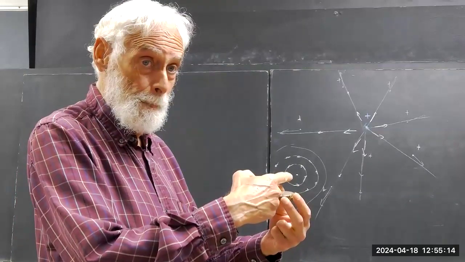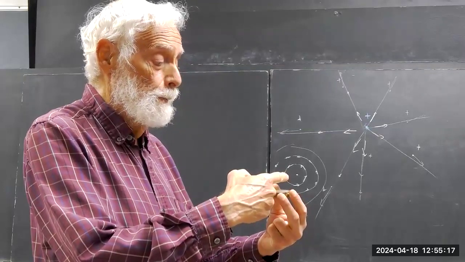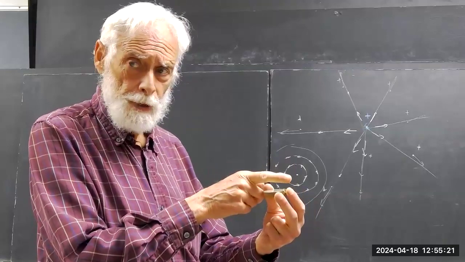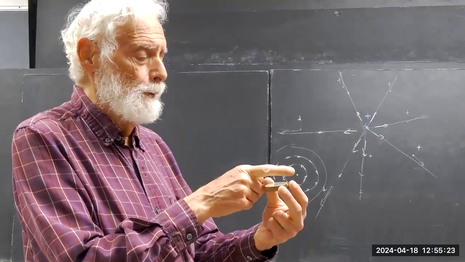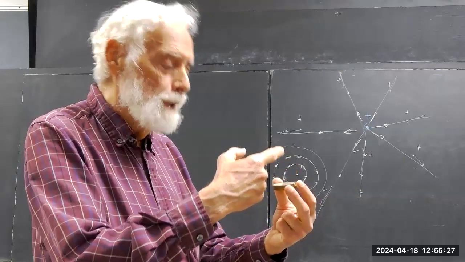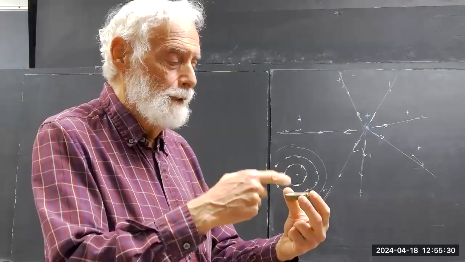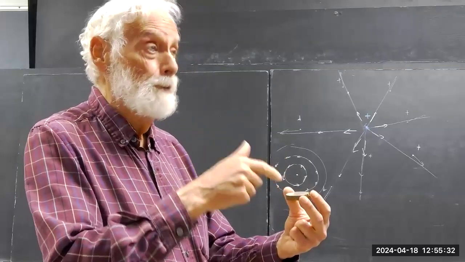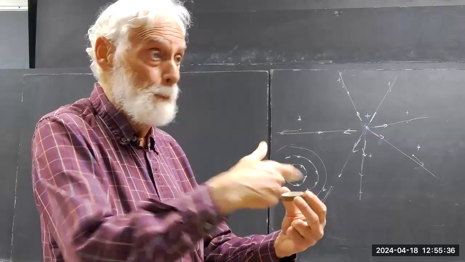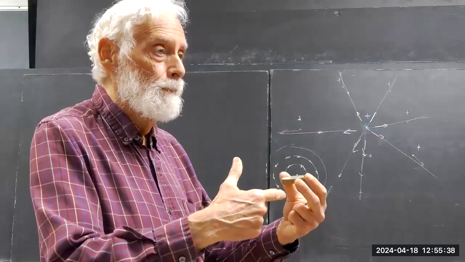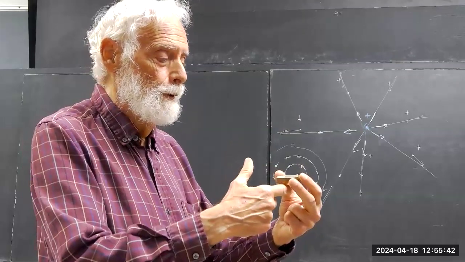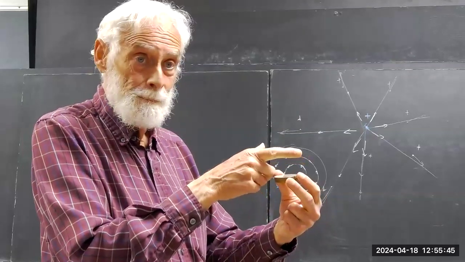And we saw that if we run a current through it, the magnet needle of the compass, the needle of a compass is a magnet, aligns this way, perpendicular to the current carrier. If we put the current carrier underneath, it aligns this way.